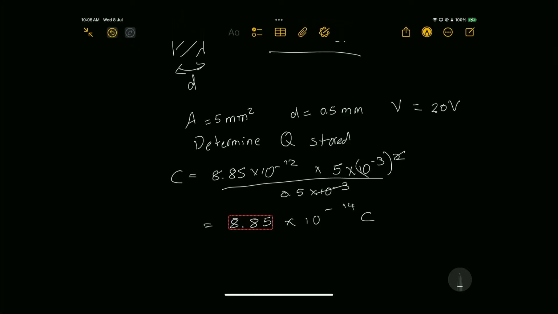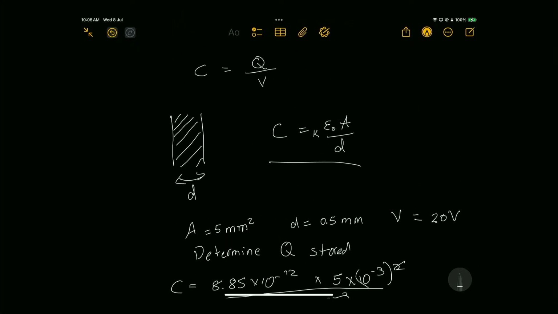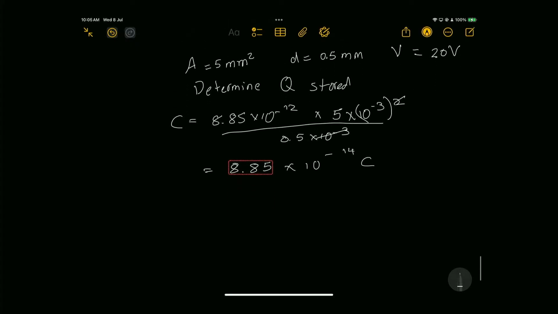And then now we use the formula Q is equal to C times V. So Q would be equal to 8.85 times 10 to the negative 14 times 20. So this would be 1.77 times 10 to the negative 12 coulomb.